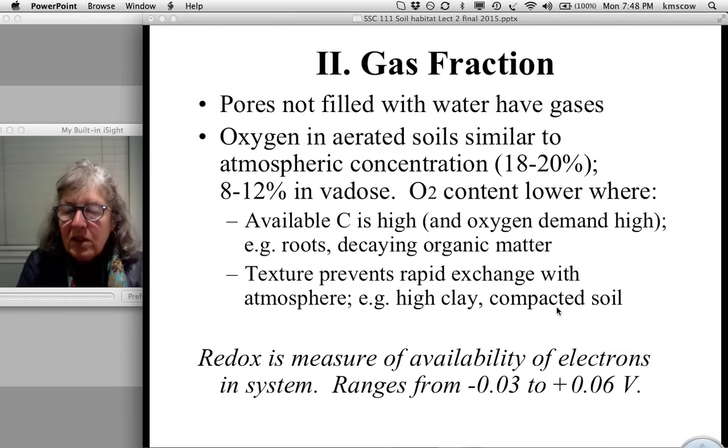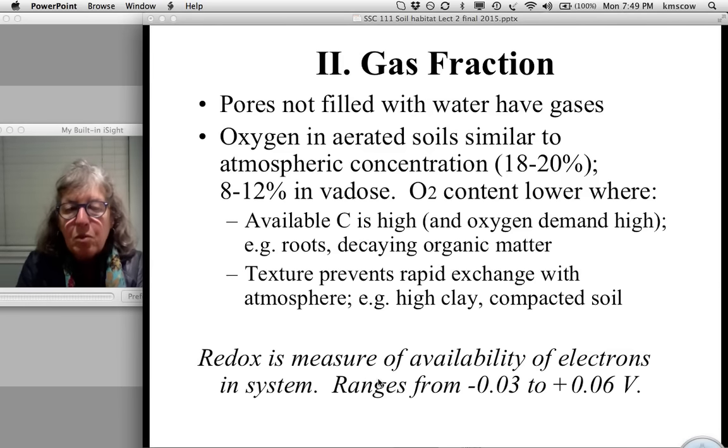Also, soil that's been compacted, that's had heavy machinery going over it, that's crushed the larger pores down into smaller sizes, that also is going to create a situation where it's not as easy for that oxygen to be replaced that's used.